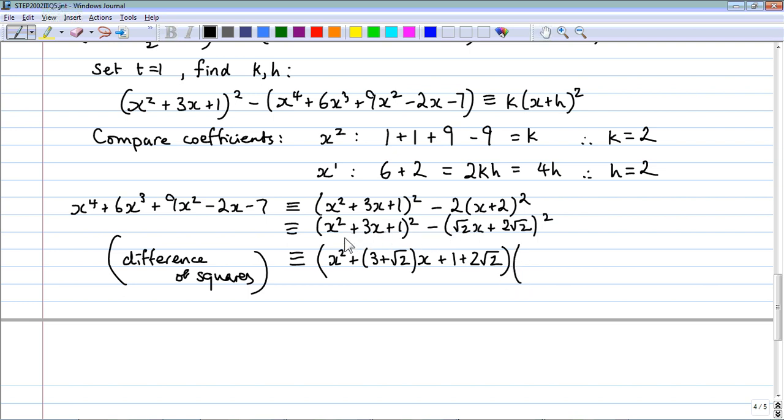And then the difference of these two functions is x squared again, but now it's 3 minus root 2 x, and we've got plus 1 minus 2 root 2. Okay, so I'll stop there. That is actually the answer we're looking for, unless I've made a silly mistake.